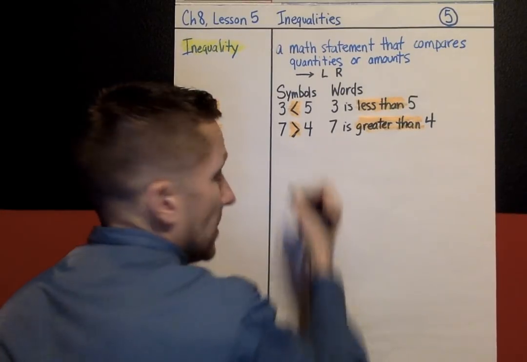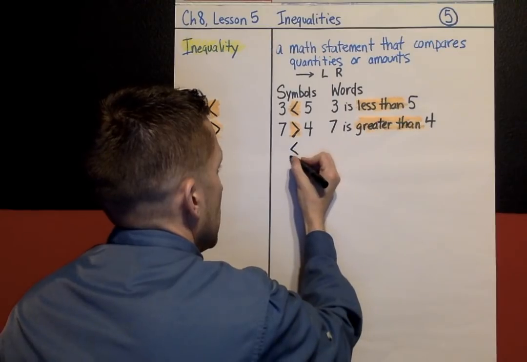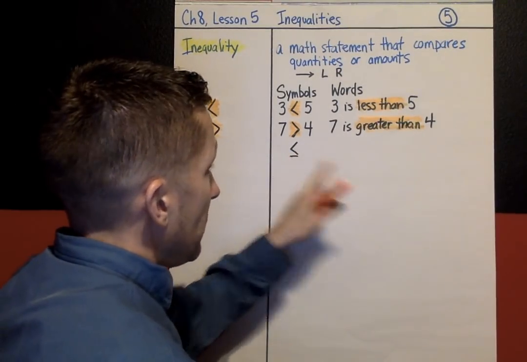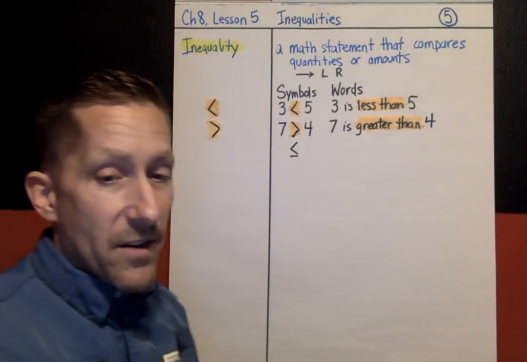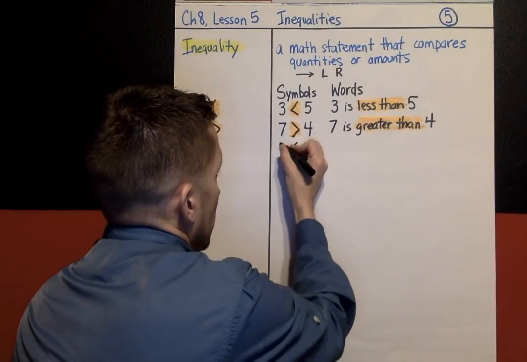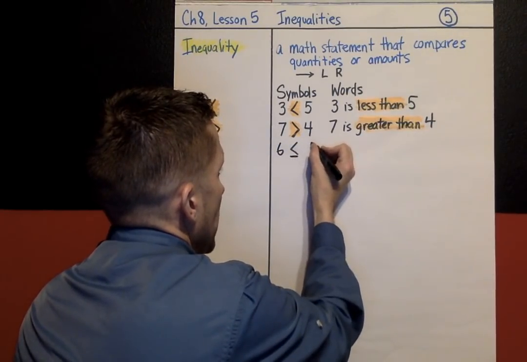So the next inequality, the symbol looks like this. And I'm going to make an example here. I'm also going to put an example over here for that one. So 6 is less than or equal to 8.